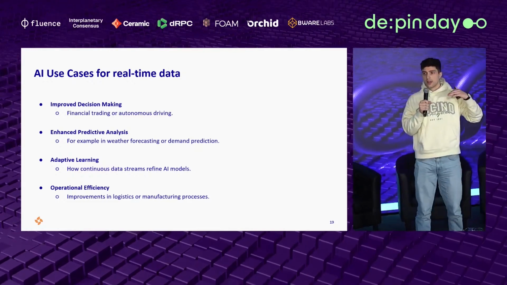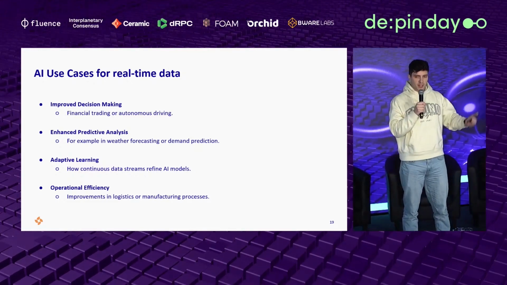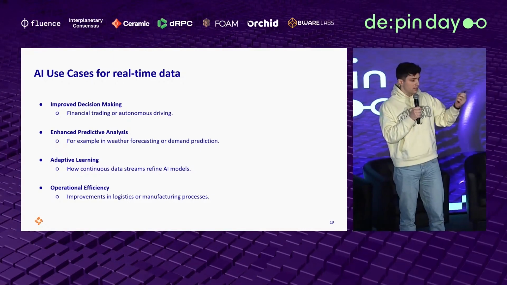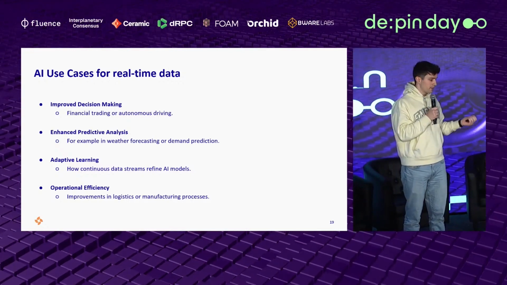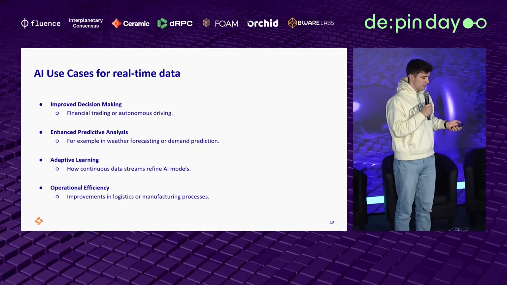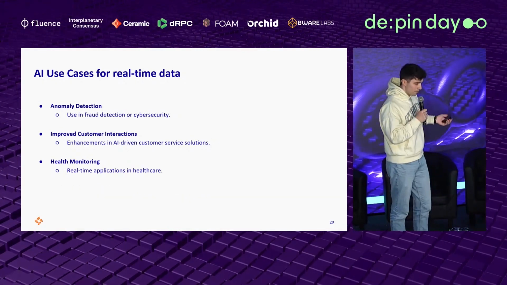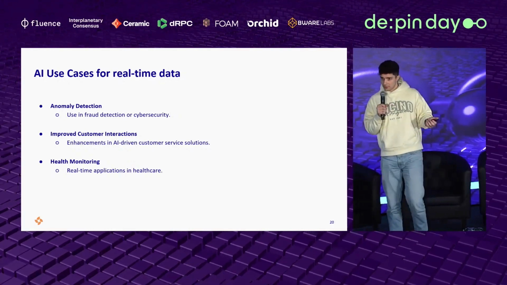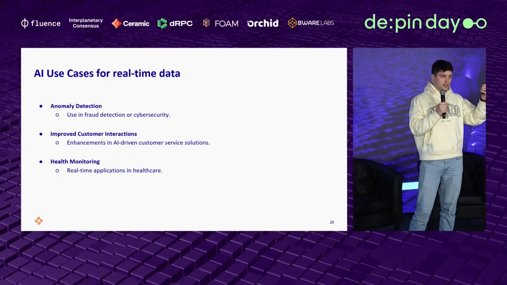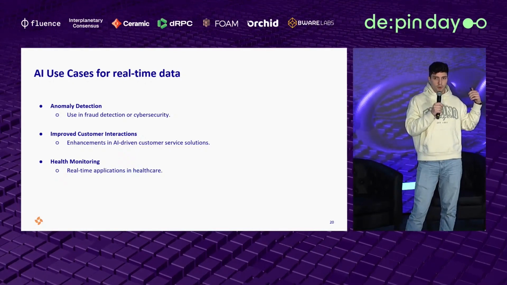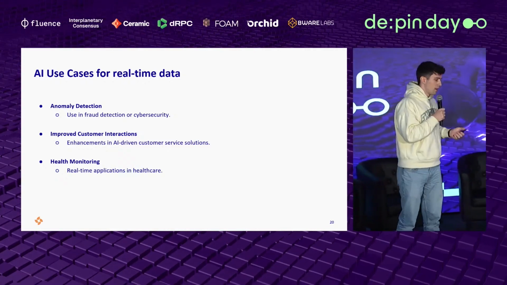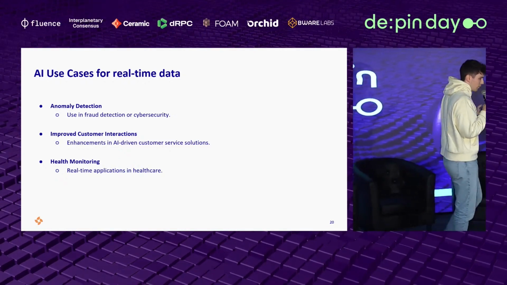Like imagine you have a model that is constantly getting refined because you're listening to this real-time data and it's taking it in and it's training based on this data. Operational efficiency, improvements in logistics and manufacturing processes, anomaly detection, using fraud detection or cybersecurity, improved customer interactions, back to the group chat, for example. You have an AI that's listening to this group chat or Discord channel, Telegram, whatever, and then can help you with whatever problem you have.